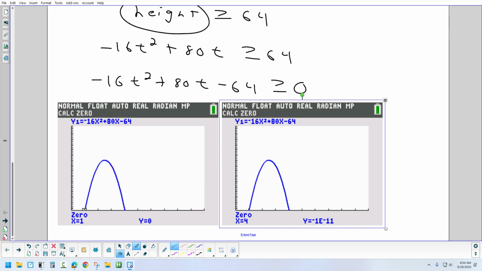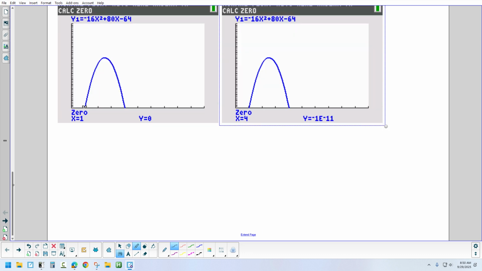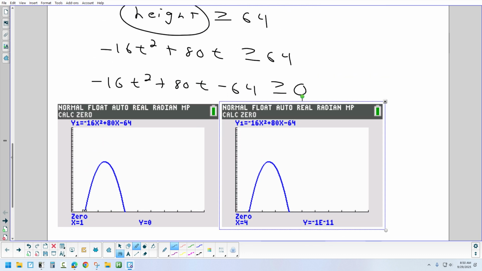At 1 in 4 seconds, the object is exactly at 64 feet. But the question is, when is it above or equal to 64 feet? Between, yeah. Anytime between 1 and 4 seconds. That answers this question. Okay.